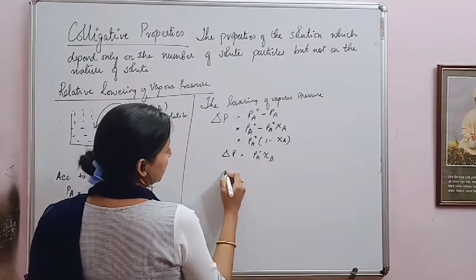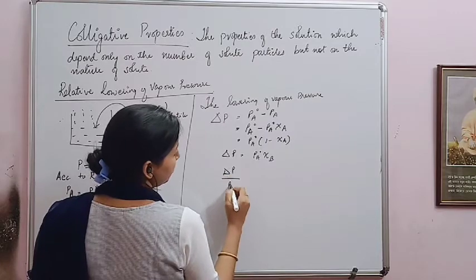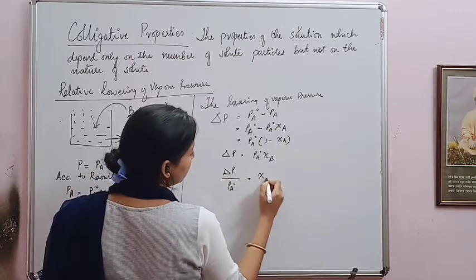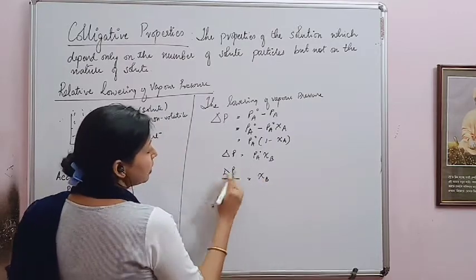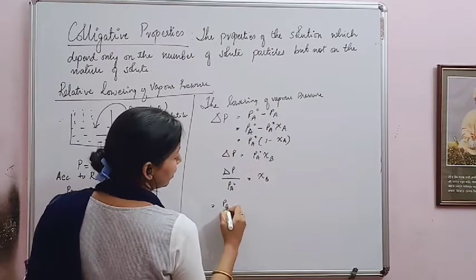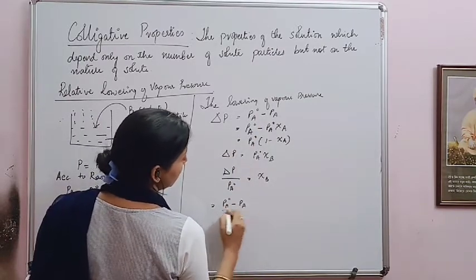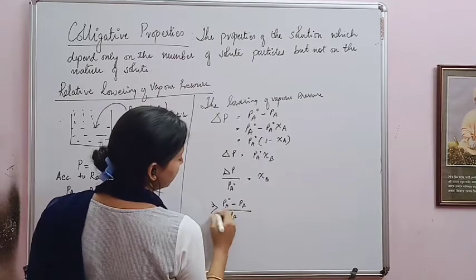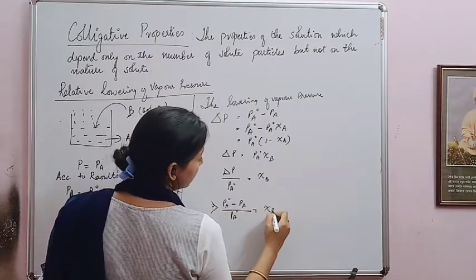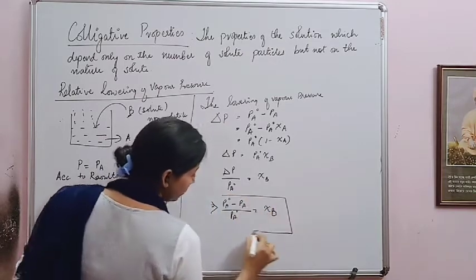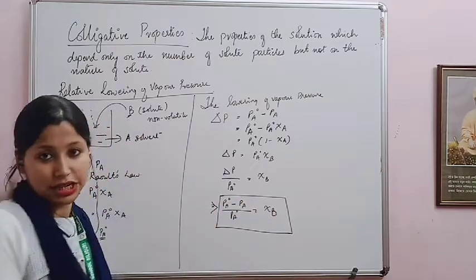Let's bring this down here. So we have delta P by PA naught equals chi B. We know that delta P is equal to PA naught minus PA, divided by PA naught, equals chi B. So this is my relation.